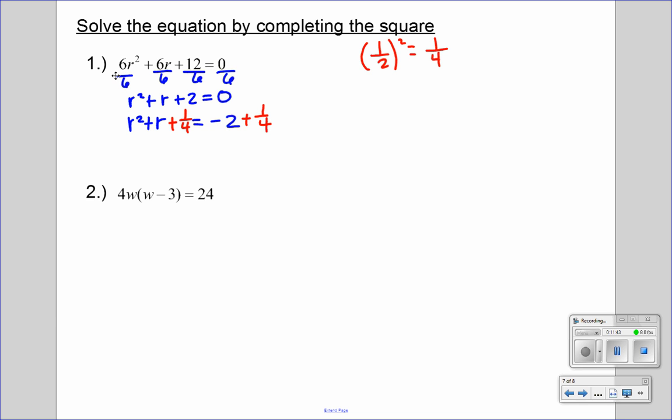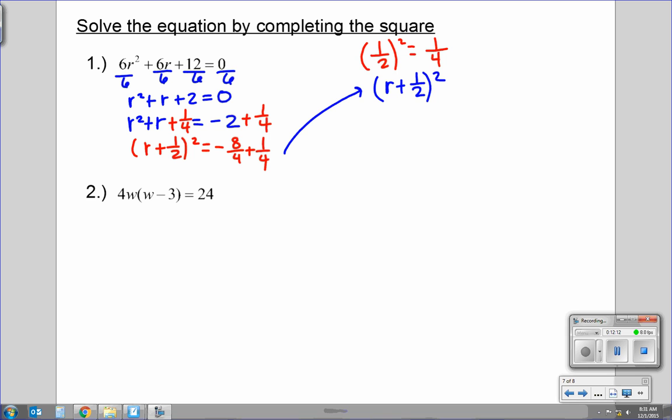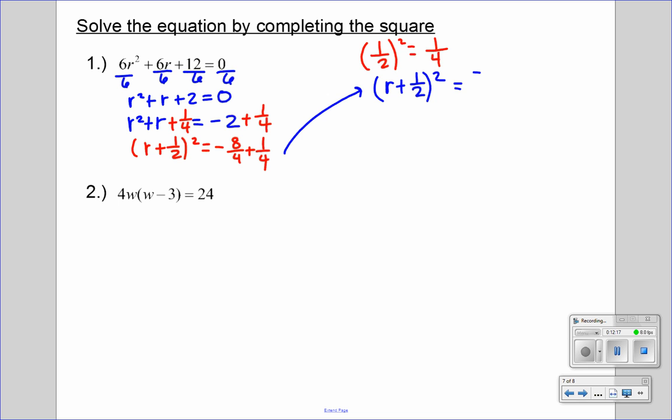Okay, we can rewrite this as r plus 1/2 squared equals negative 8/4 plus 1/4, because we have to add those together. So now let's simplify, and we get r plus 1/2 squared equals negative 7/4.